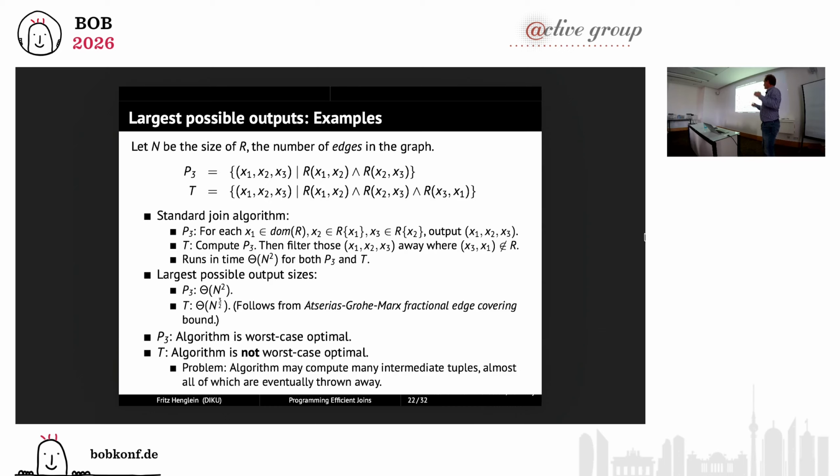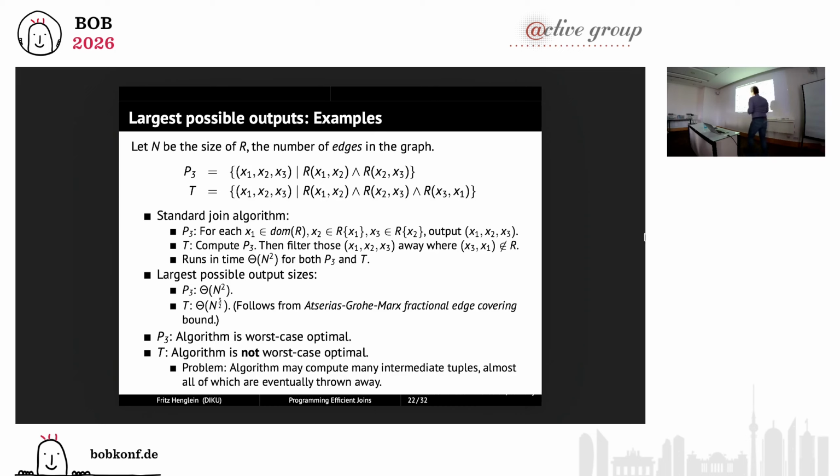N squared, okay? And it turns out, this might come as a surprise, that if you add this extra constraint, that z also has to point to x, then some of these values get thrown away, almost all of them.